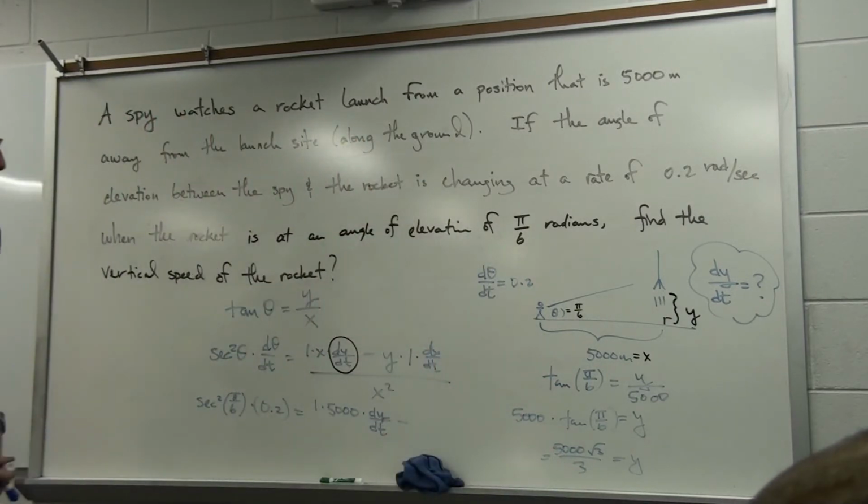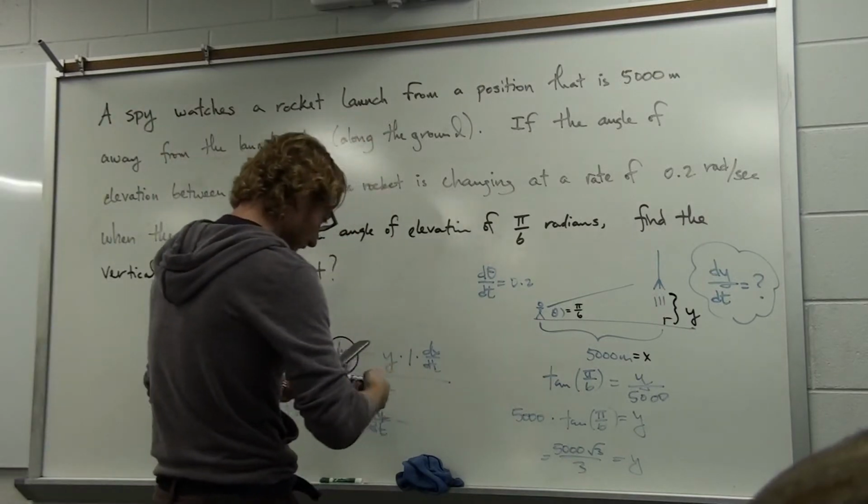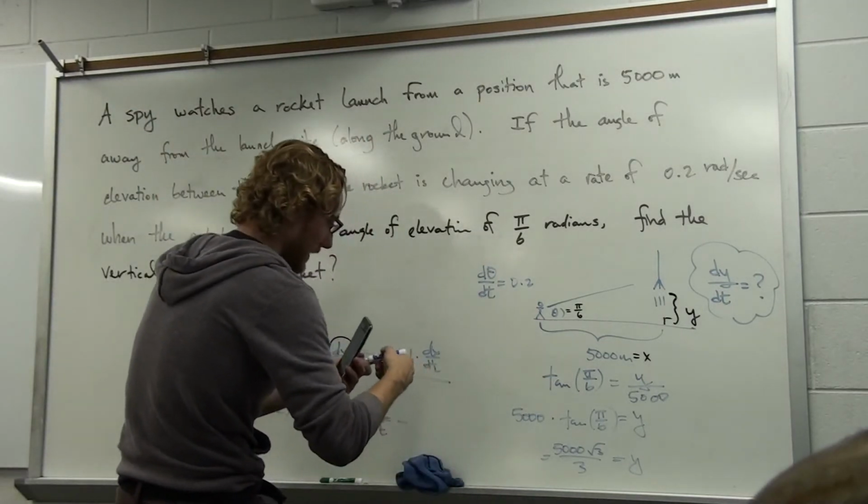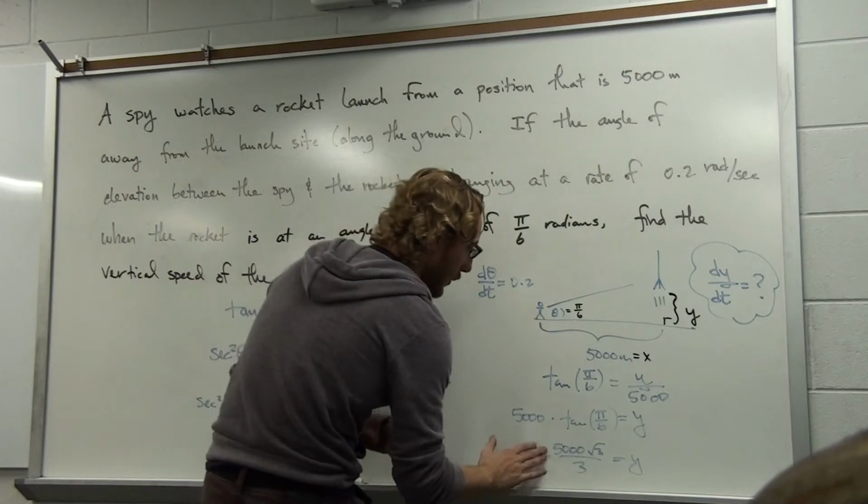Or I suppose if we run this number to get it down to a more computable, digestible size, let's run the number. Okay, so 5,000 square root 3. And then we're going to take that number and we're going to divide by 3. Sweet. Okay, so that number is 2,886.75 more or less.